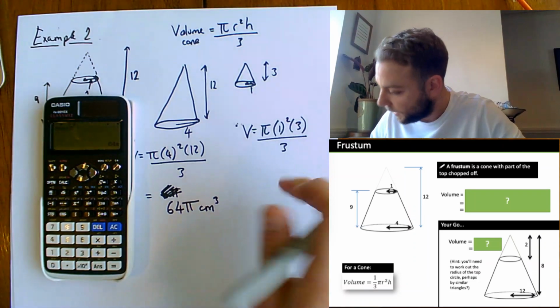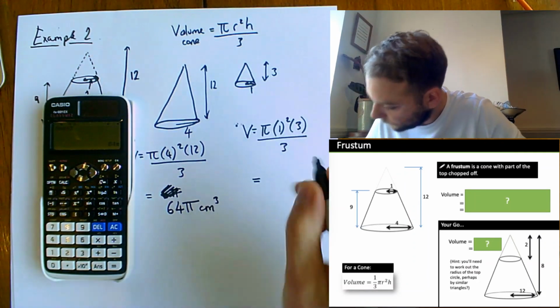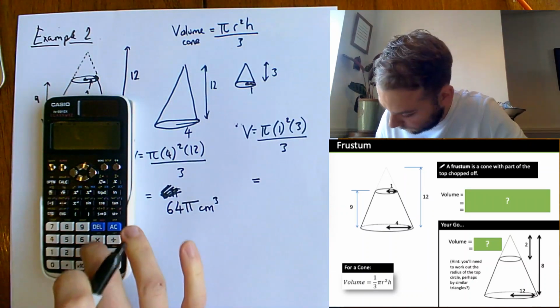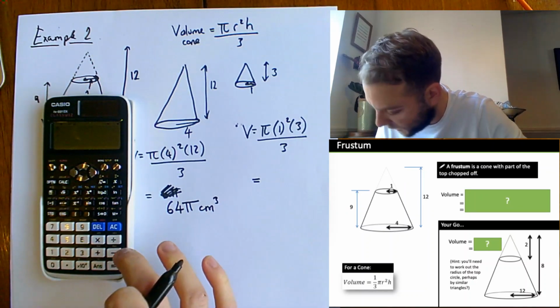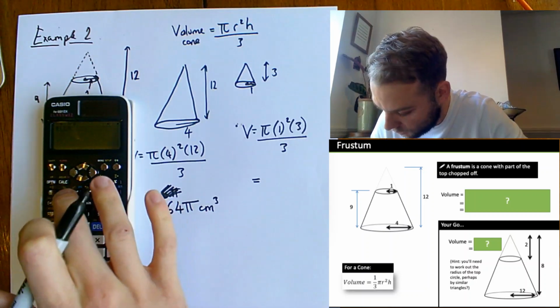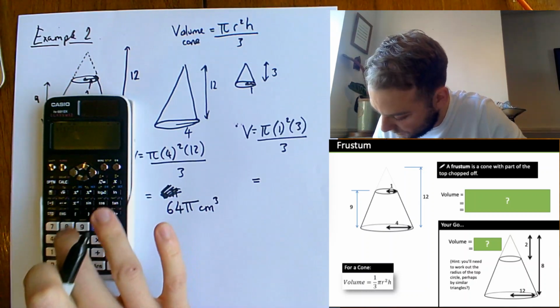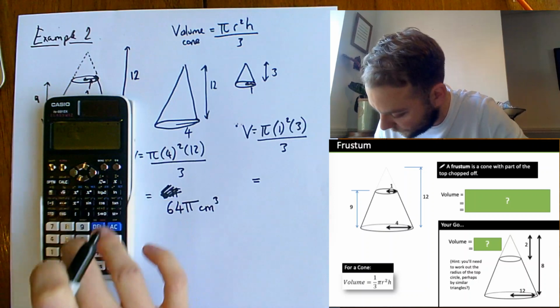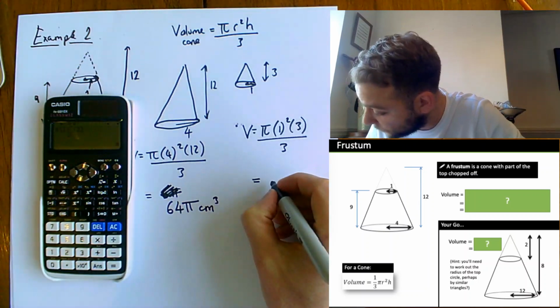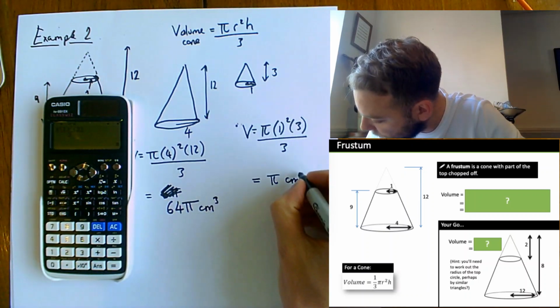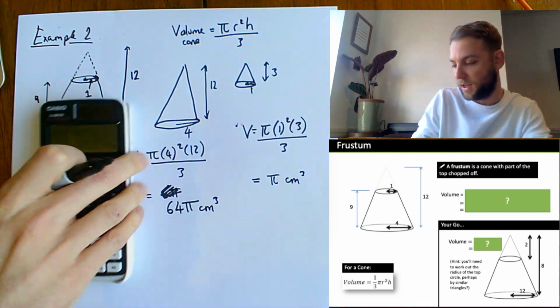And then this one here, shift pi times by 1 squared times by 3, all divided by 3. That one's just equal to pi centimeters cubed. Remember centimeters cubed because it is volume.